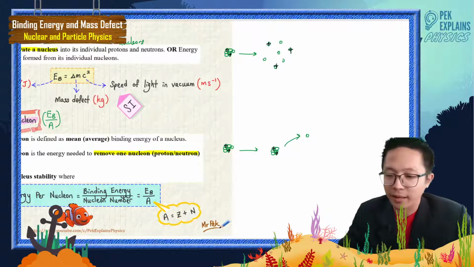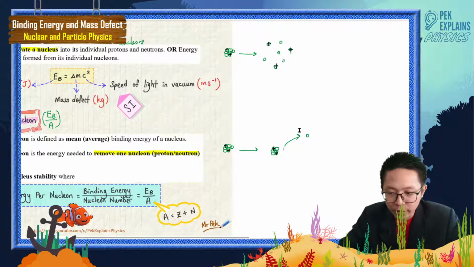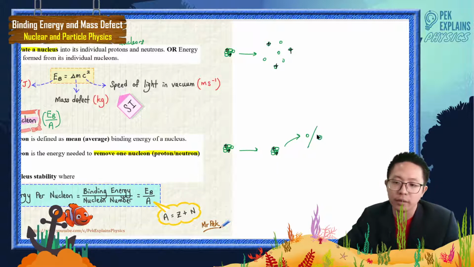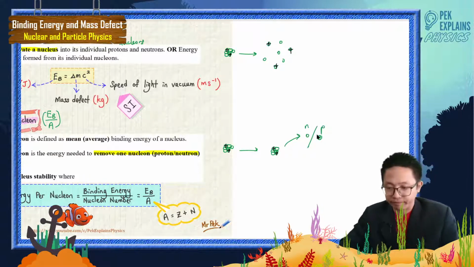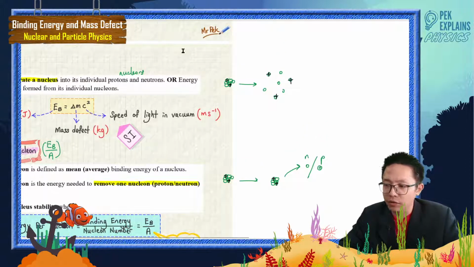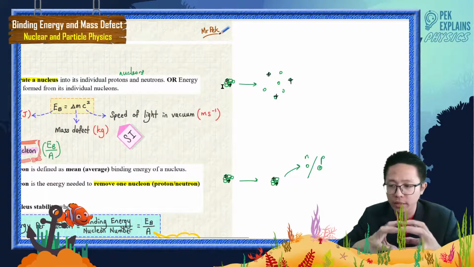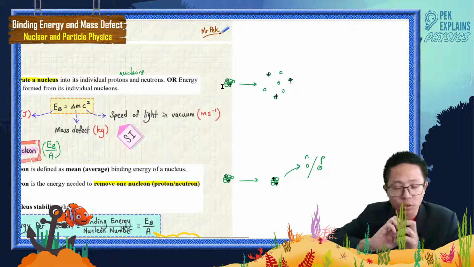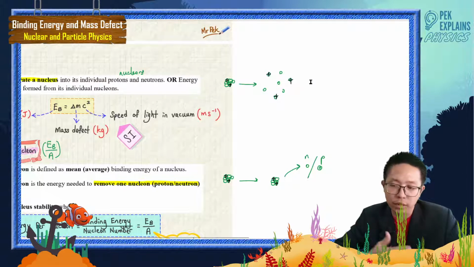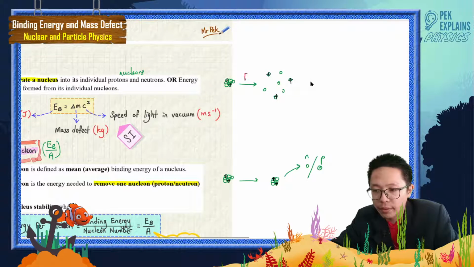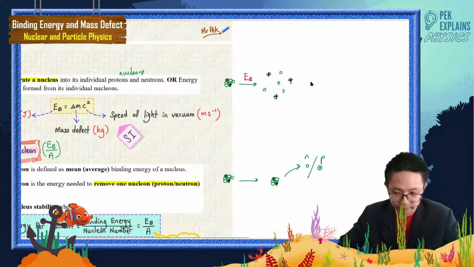Just remove maybe one neutron, or it can be a proton. For the previous case, to separate the whole nucleus into protons and neutrons, this requires binding energy EB.